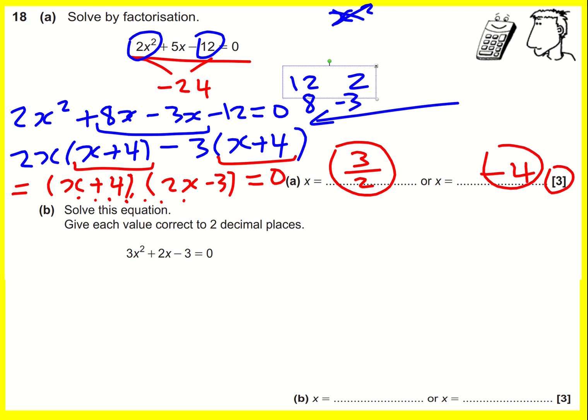Right, solve this equation, give each value correct to 2 decimal places. This is code that we're going to need to use the quadratic formula. I'm not even going to try and factorize it.